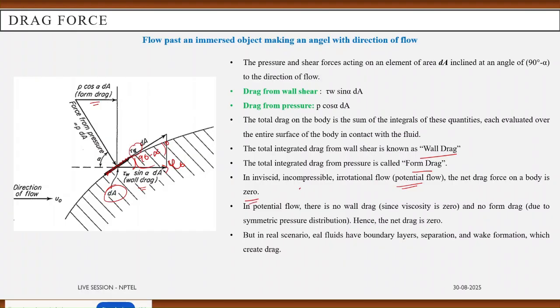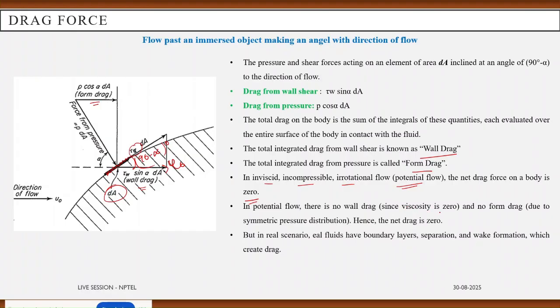This is one assumption of the potential flow: that viscosity is zero, there is no compressibility, and the flow is irrotational. That kind of flow is known as potential flow, and in potential flow there is no wall drag since viscosity is zero.